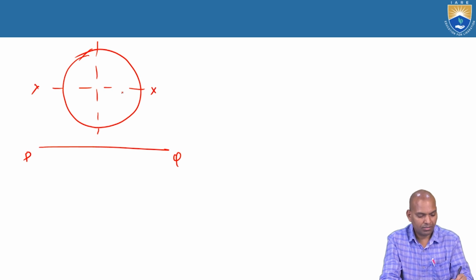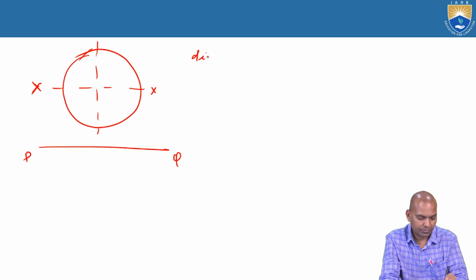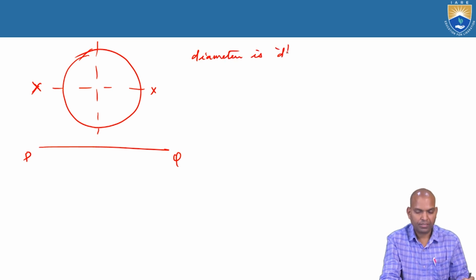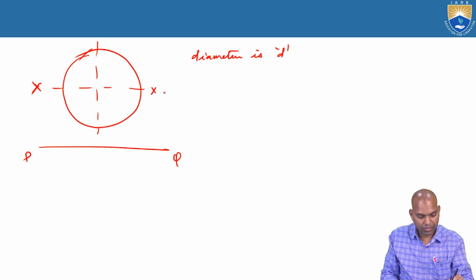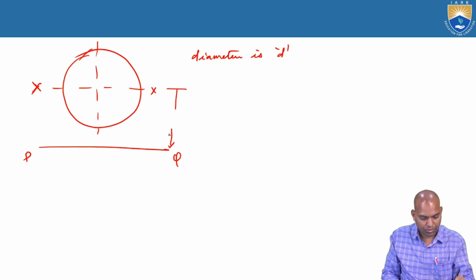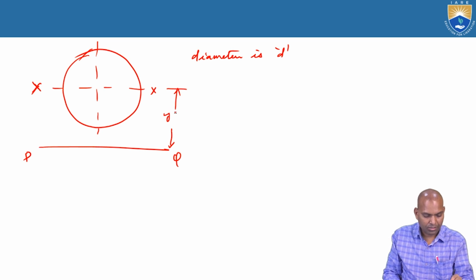I'm considering the x-axis, which has the diameter d. The distance from IXX to PQ is bar y, or y1.